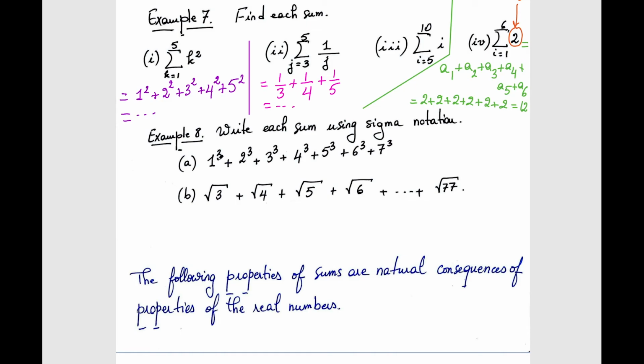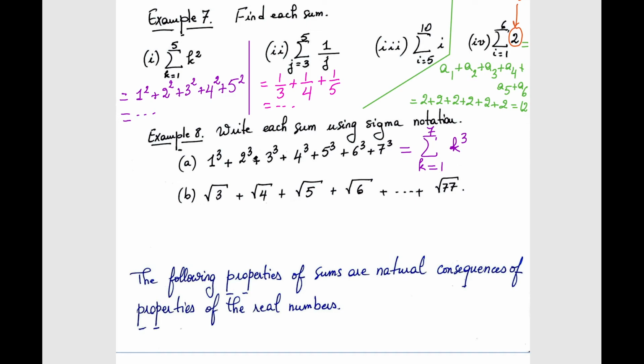And that thing is ranging from 1 to 7, right? Each term looks like something to the power 3, and that thing is a guy, call it k, that's ranging from 1 to 7. Do you agree with me?